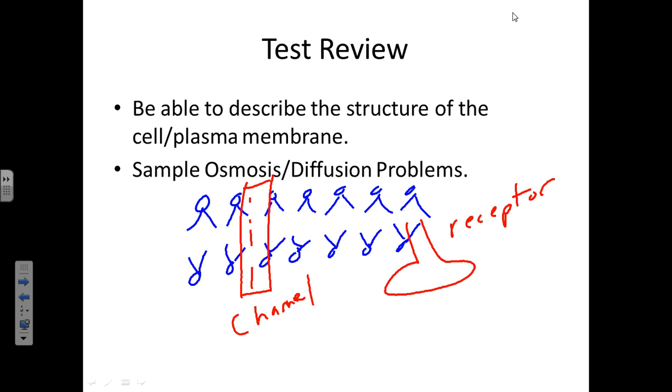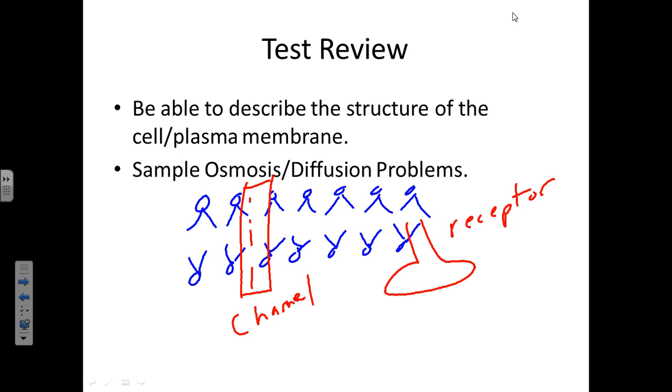What does the cell membrane need to receive? Signals. What kind of signals? What kind of chemical signals float around in your bloodstream? Hormones. Okay? Might need to pick up hormones.